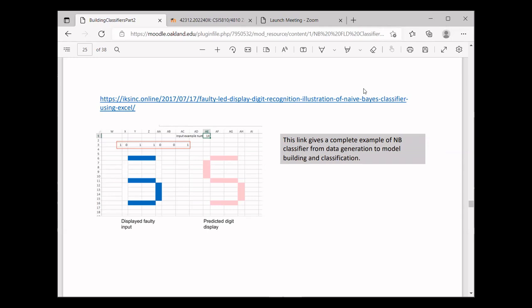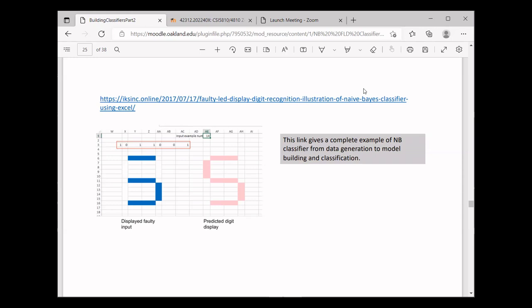Once you have all those conditional probabilities, when you see a noisy digit being displayed, you can plug in the Bayesian classifier to figure out what was the correct digit that was meant to be displayed.